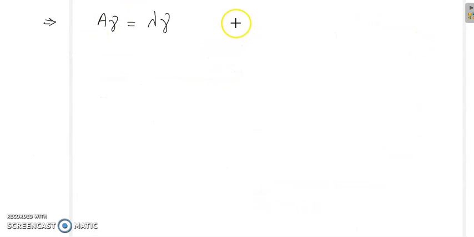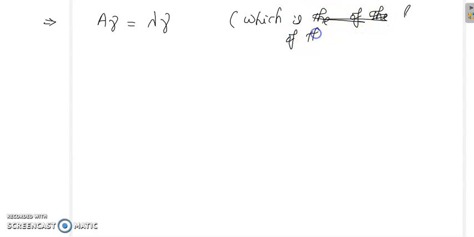So it is of the form ax equal to lambda x.